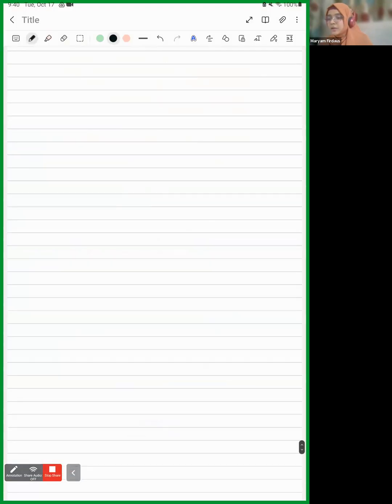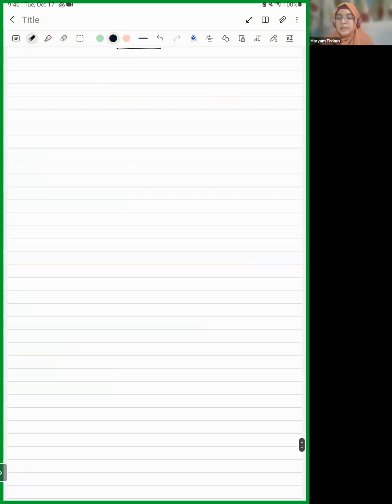So surface area of a sphere, in the previous class you had studied it. So who will tell me what was the formula? Total surface area. In the sphere, there is only total surface area.